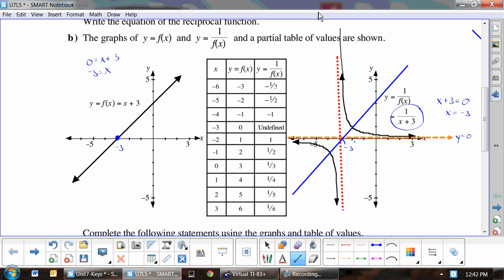Then it would be undefined, because when x is -3, we don't have a graph.